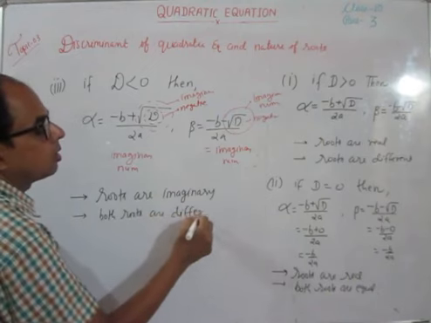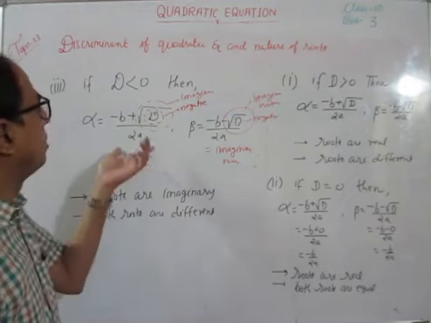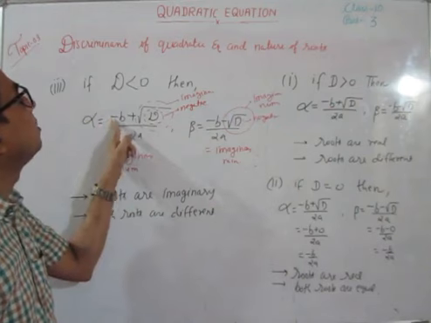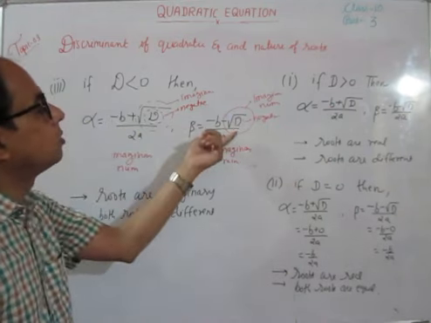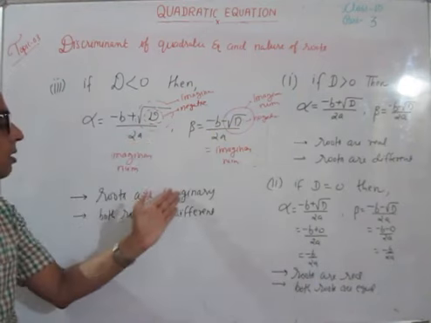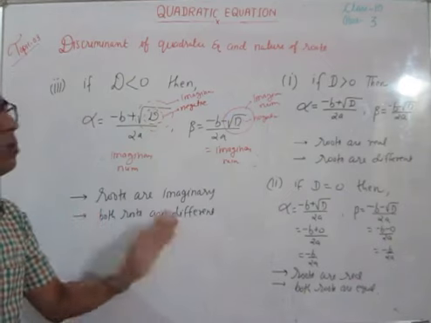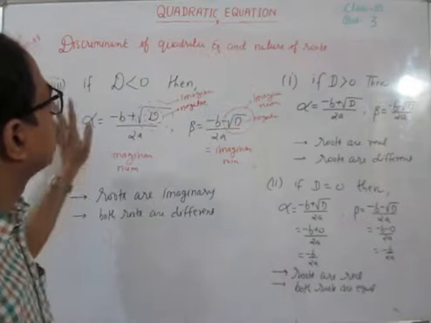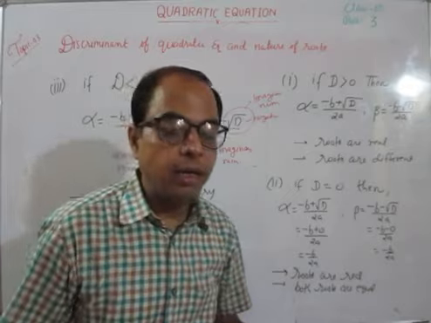Clear? Of course, you will get two values of roots, alpha and beta, which will be different. Here it is minus b plus value, here minus b minus value. So of course these two values will be different. So the roots are imaginary, and both roots are different. So these are the topics that we have to discuss in the syllabus. Clear? So this is all about the discriminant and nature of roots.